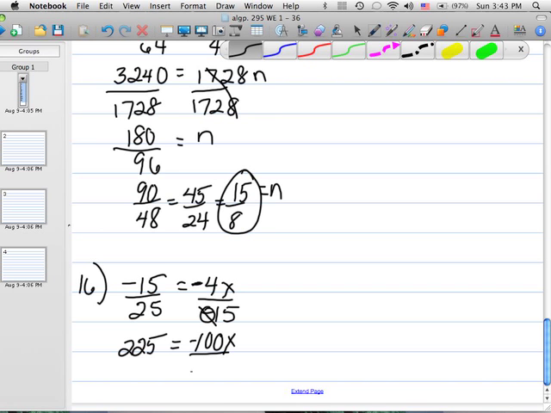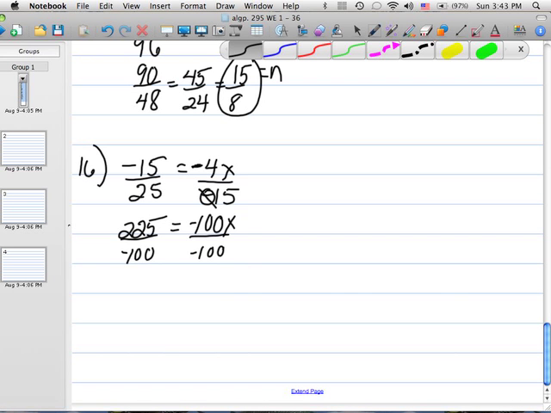Divide both sides by negative 100. And there are 9 25s in 225, and 4 25s in 100. Our answer is positive 9/4.